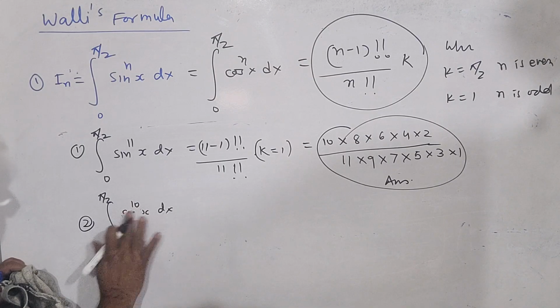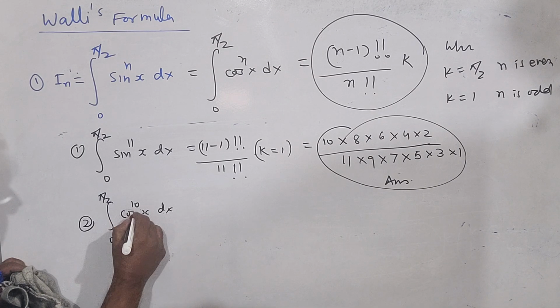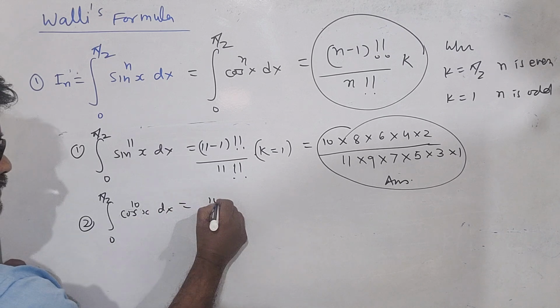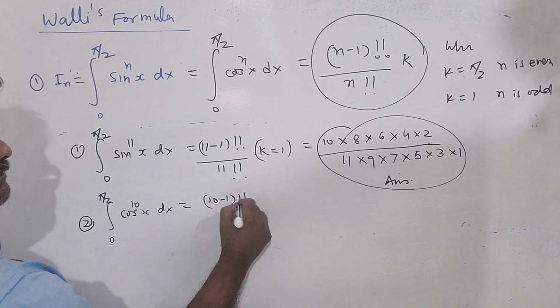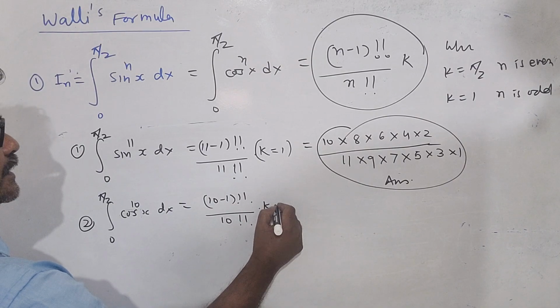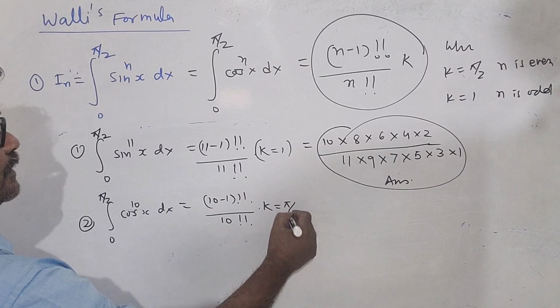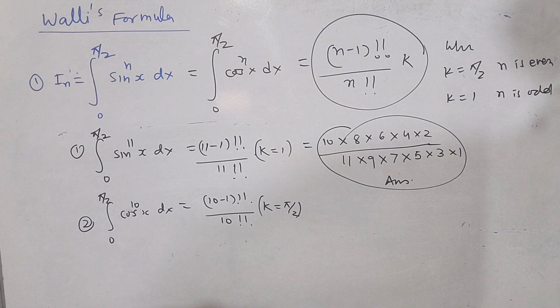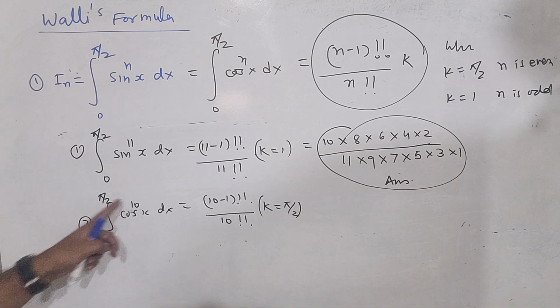Second, if I want to find out 0 to pi by 2 sine of 10x dx, rather we will take cos of 10x dx. So this is 10 minus 1 double factorial by 10 double factorial into k. K is here pi by 2. Why pi by 2? Because this time n is even.